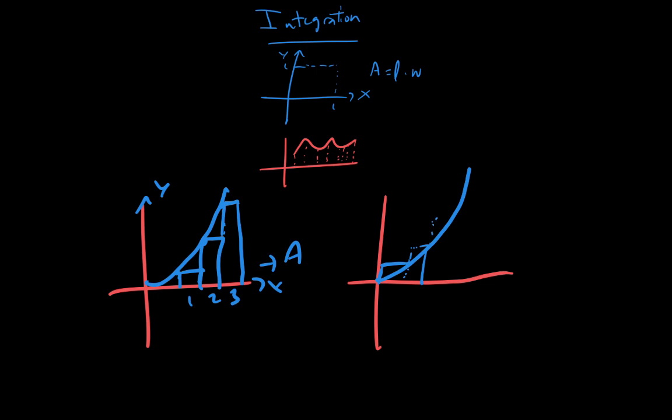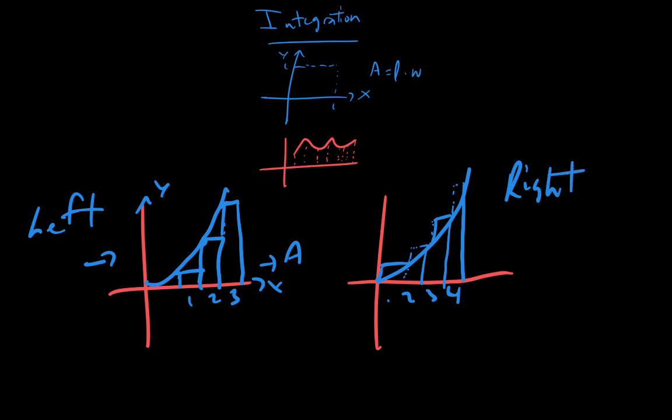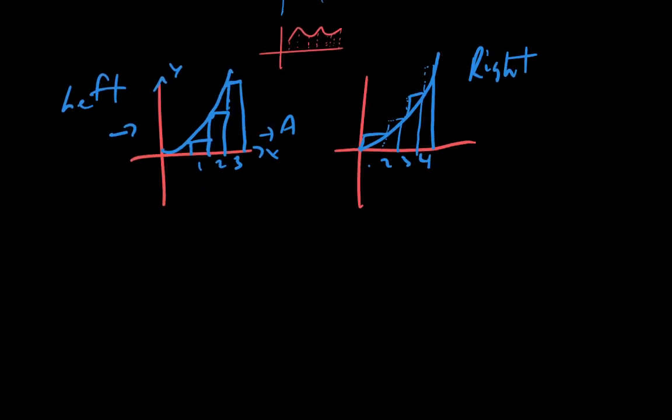Let's say we go to this point and then we make a rectangle, and so on, and we get, maybe not n, maybe 1, 2, 3, 4, and that sort of overestimates this. This one underestimates. This one's the left-hand point. This one's the right-hand point. Right-hand points overestimate. Left-hand points underestimate.